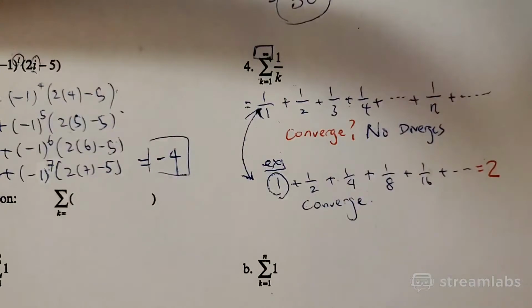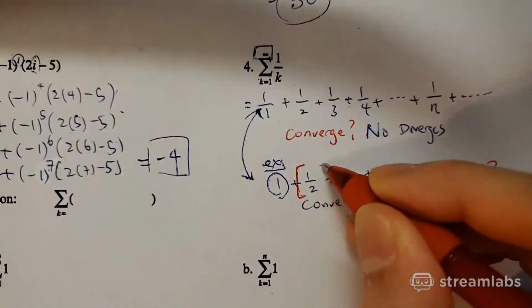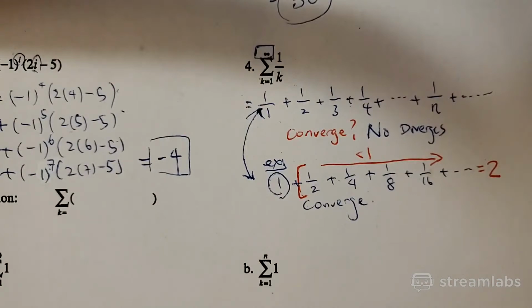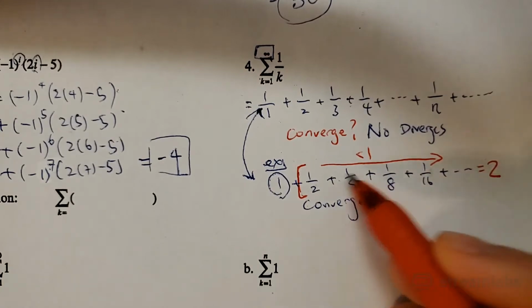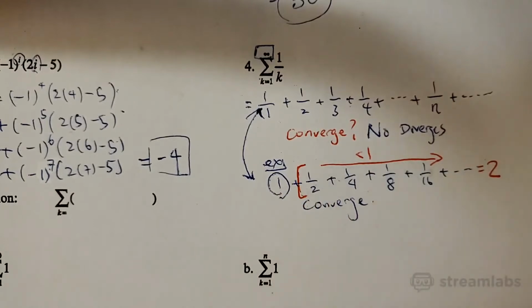What I mean by everything is everything, okay? Everything from here all the way down is less than 1. Notice that? When you add them all together, it's less than 1, meaning that it will never add more than what you already have.